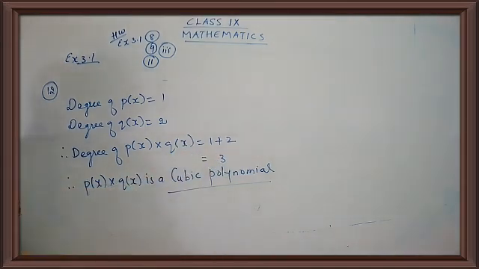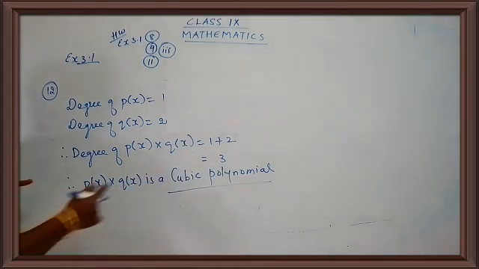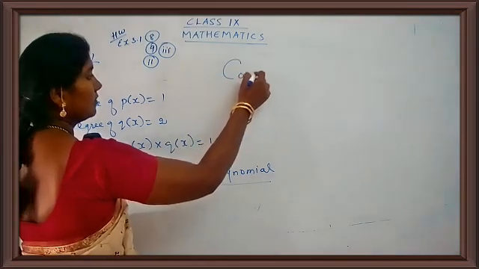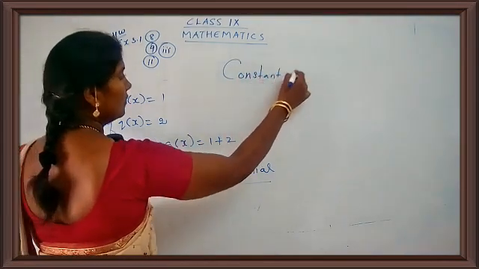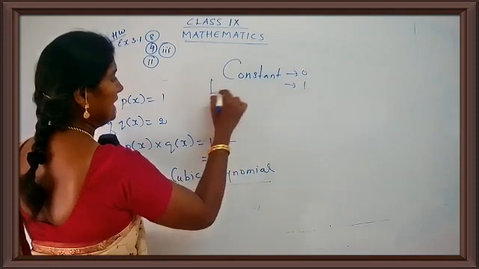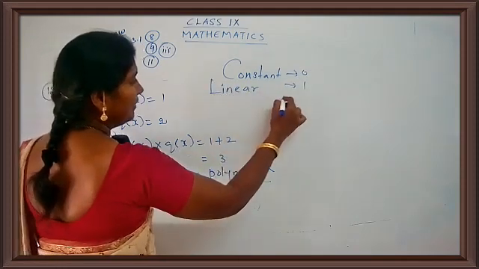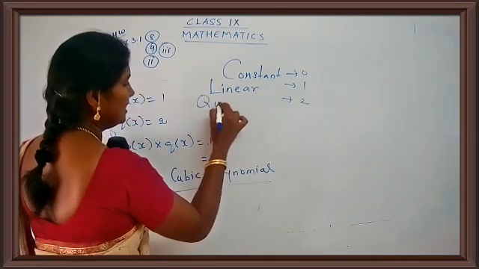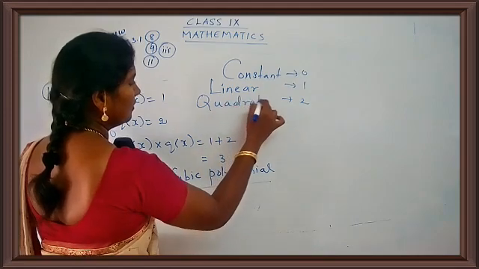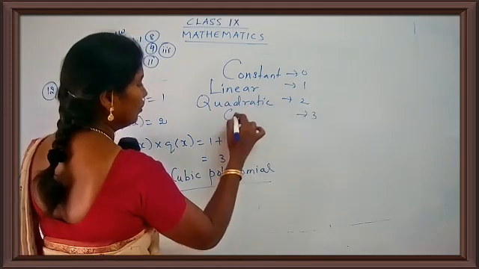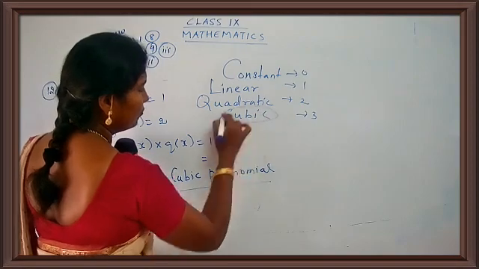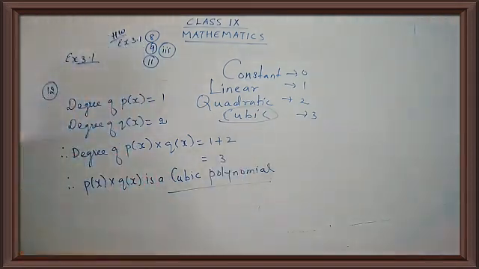If the degree is 0, constant. If the degree is 1, linear. If the degree is 2, quadratic. If the degree is 3, cubic. So Px into Qx is a cubic polynomial. Are you clear, children? Yes.